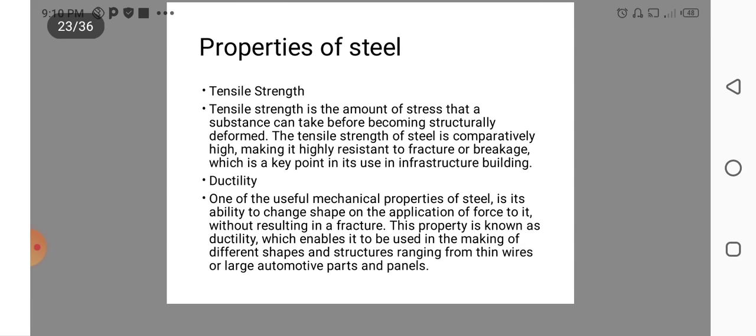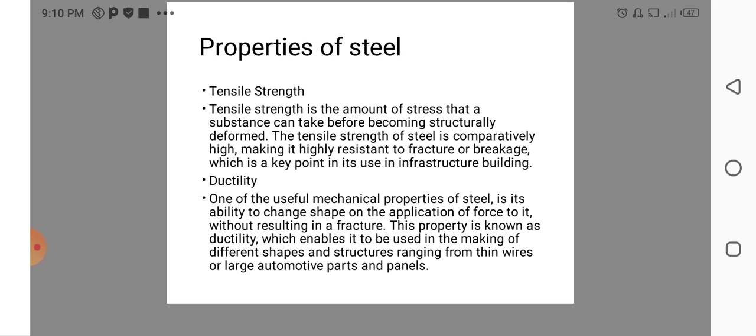Properties of steel. As you all know, in concrete, steel is added. We all know that concrete has good compression strength, but it is weaker in tensile strength. So we are adding the bars in the concrete to get the tensile strength too.